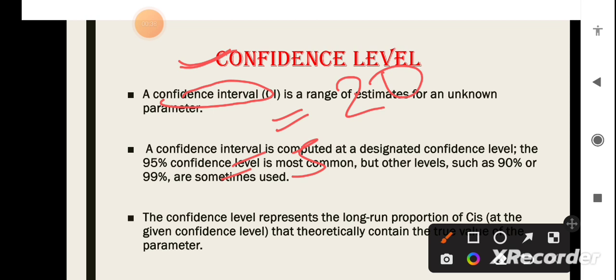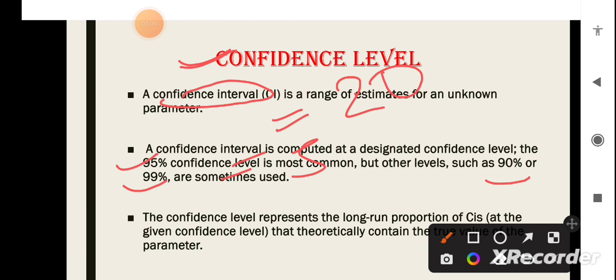The confidence level can be of 90%, 95% or 99%. The confidence level shows how much confident we are that our collected value will be in the range of the confidence interval.